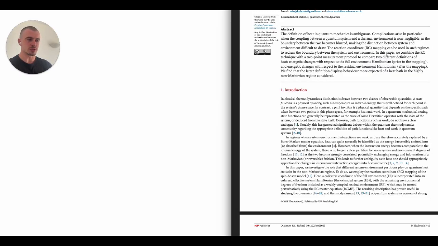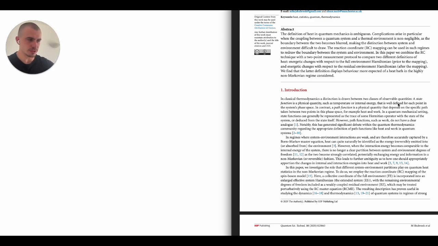I think the issue with trying to define and then calculate heat for quantum systems is the fact that it's a path function, which means that it not only depends on the initial and final states, but also on the path taken between those states. So we talk about that in this first paragraph here.